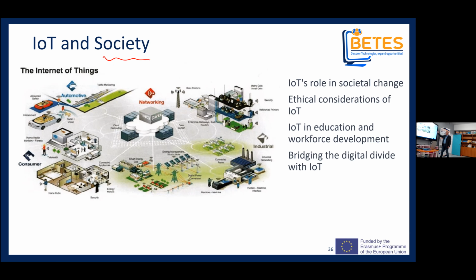But at the same time, ethical considerations arise. Imagine if everybody has IoT devices on them, wearables, and someone could possibly follow them around because of bad design of that IoT device. So there are many ethical considerations of who can access this data.